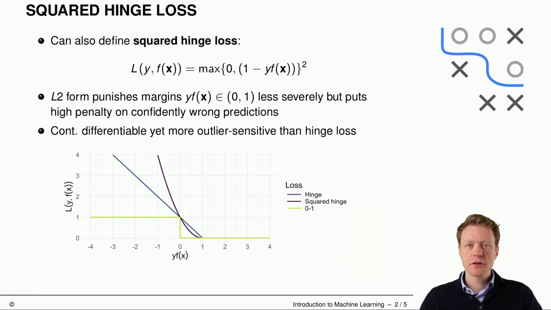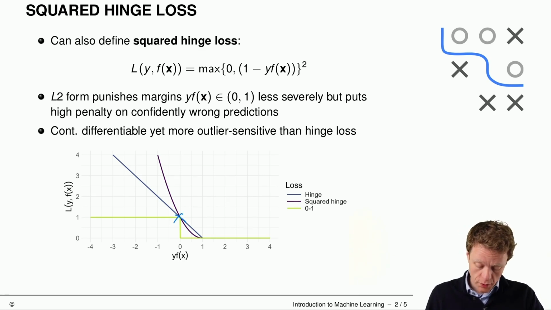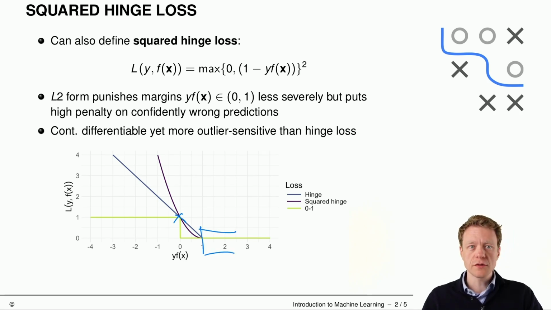Okay, second alternative is taking the Hinge loss but just squaring it right away. So it's also 1, 0, and it's also 0 for all values that are 1 or larger than 1. But for this linear part here, it's a little bit different.